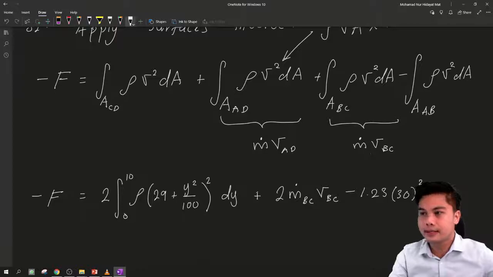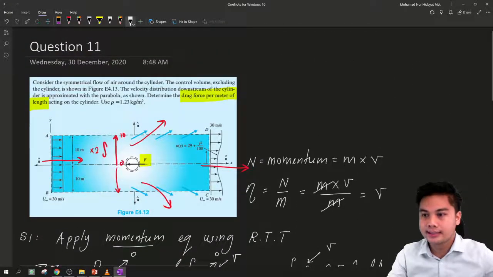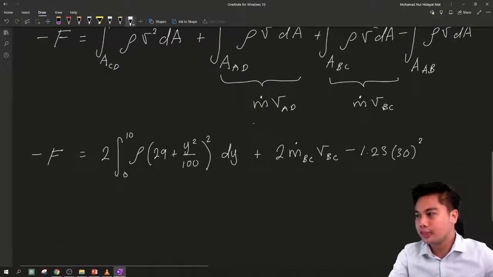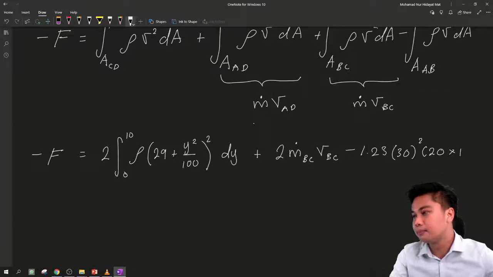The area given here for AB is 10 plus 10, 20. Because this is per meter, we multiply with 1 per meter. So 20 only. Remember, per meter, so multiply with 20. This is actually multiply with 1, because per meter, it is the same thing.